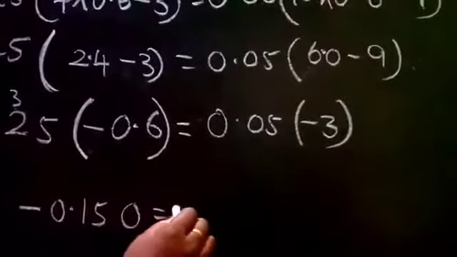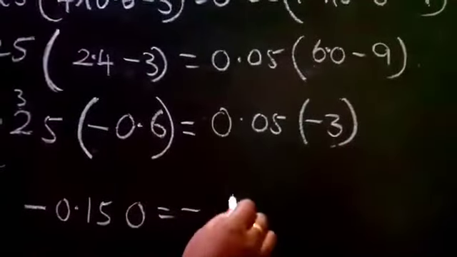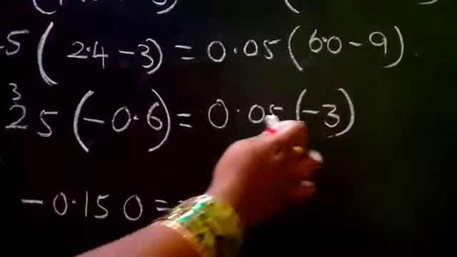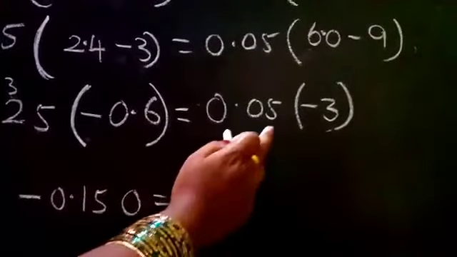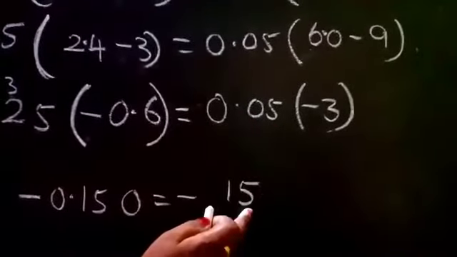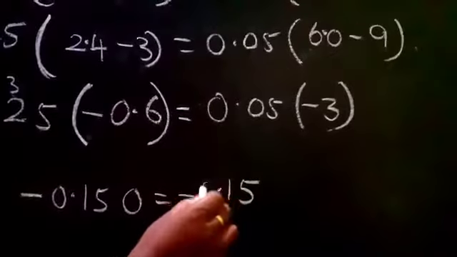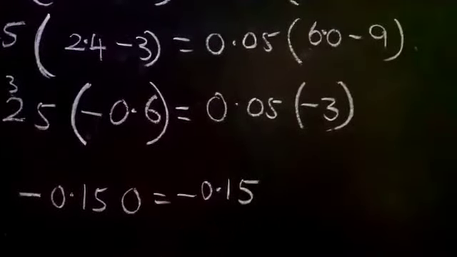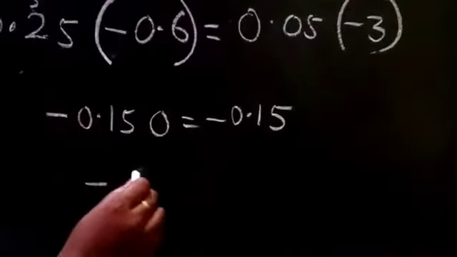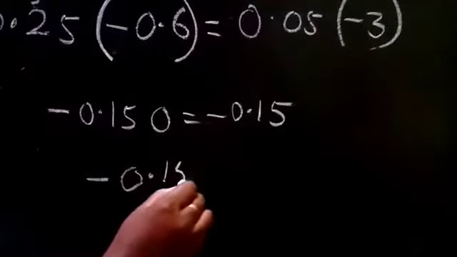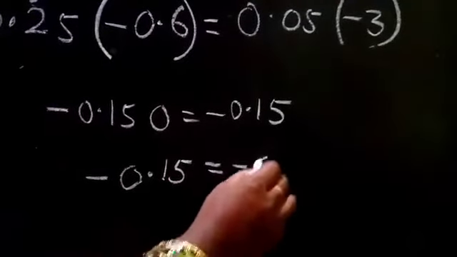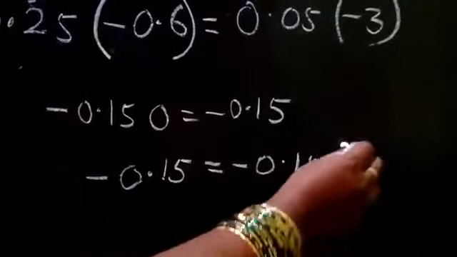Plus into minus, minus. 3 5s are 15, 3 0s are 0. We have to keep the point 2 digits before. So if we keep the point 2 digits before, it will become 0.15. So our value is minus 0.15 equal to minus 0.15.